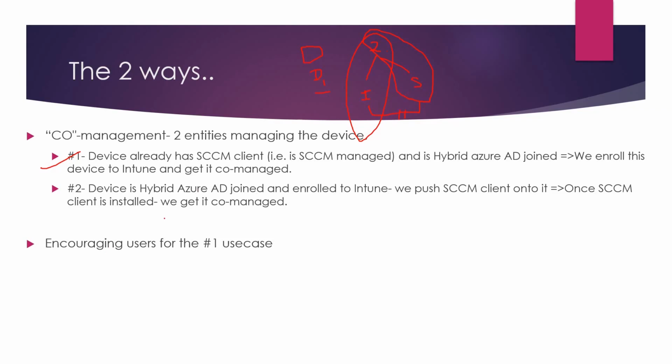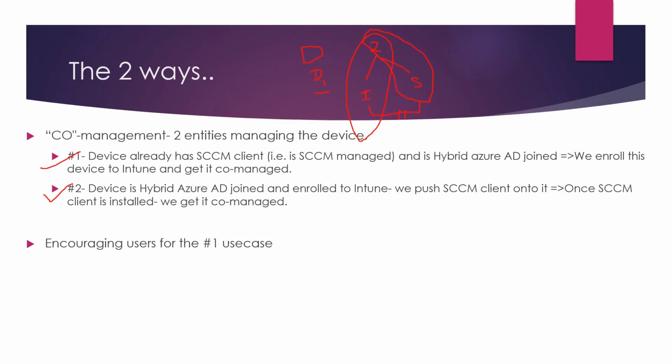Now the recommendation is encouraging users toward the first use case, because the recommendation is taking the user to a position wherein the device can be managed over the cloud. That is, the device can be managed over Intune. So if the device is already being managed via Intune, then the recommendation is not having the user set up SCCM administration or set up an SCCM server and then push an SCCM client onto the device.